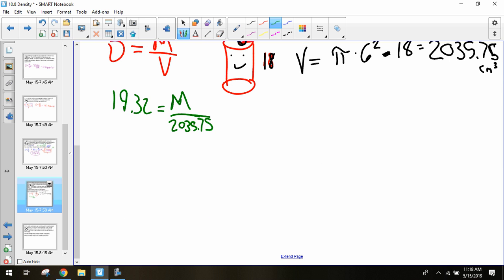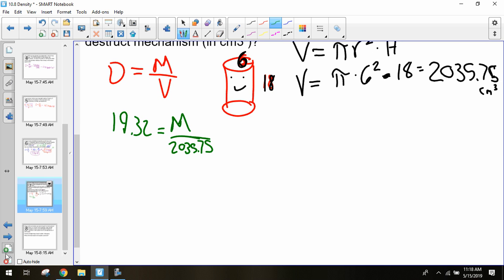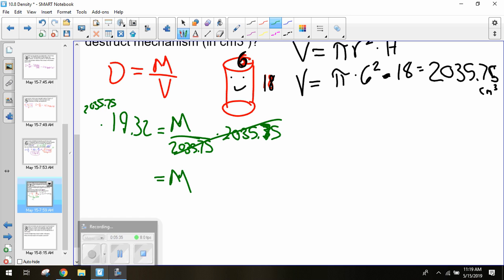We need to solve for that. We just multiply by 2,035.75, and that'll cancel out. We do the same with this side, and we get our mass to equal 39,330.69 grams.